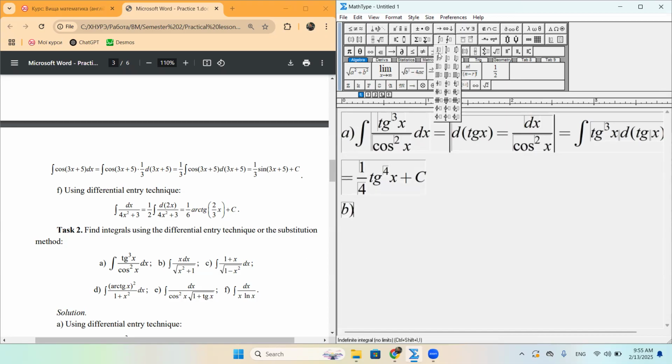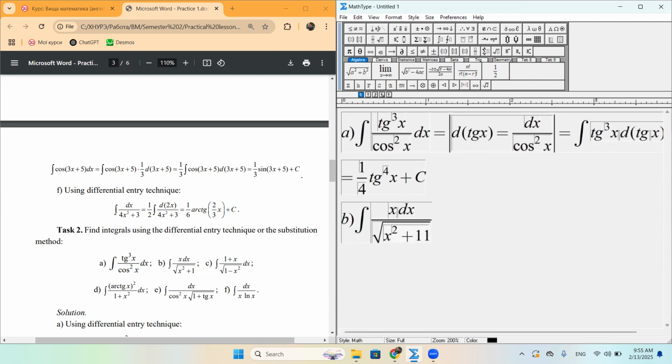So let's solve the next integral. x dx divided by the square root of x in power of 2 plus 1. So what can be moved under the differential? Your ideas?